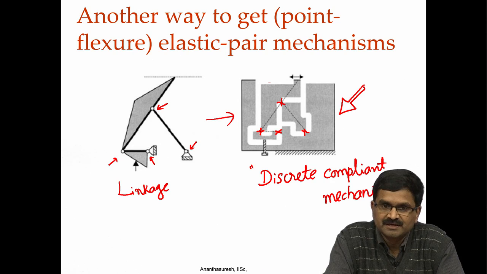There are discrete number of rigid bodies and there are discrete elastic pairs joining them. So, it is basically a rigid body linkage, but it is just using elastic pairs.